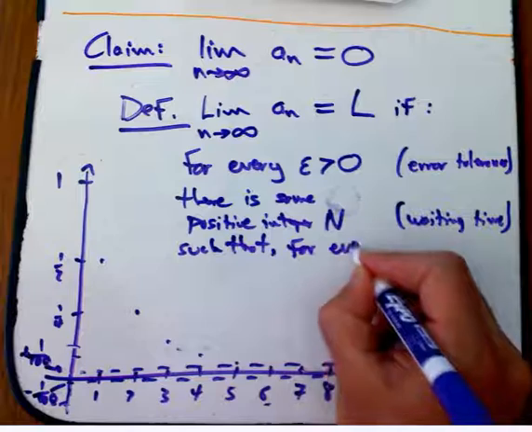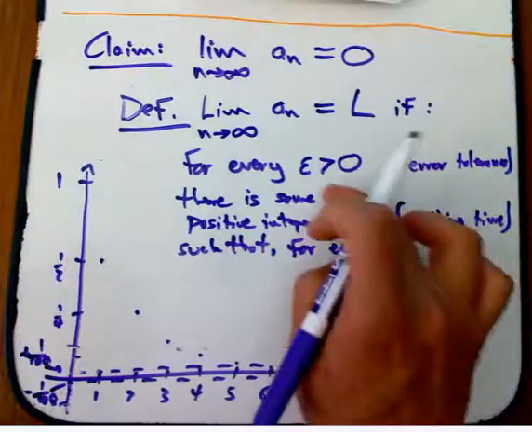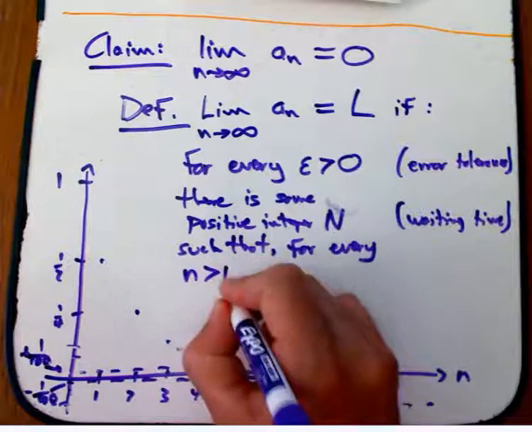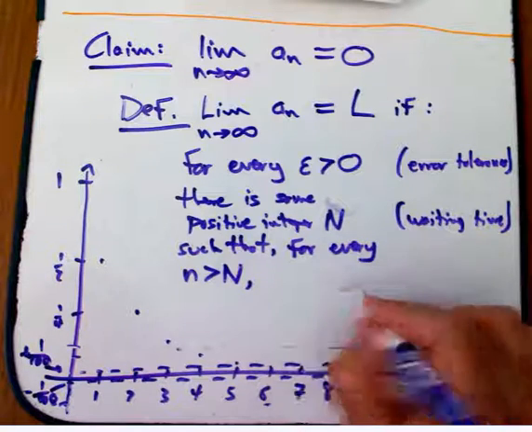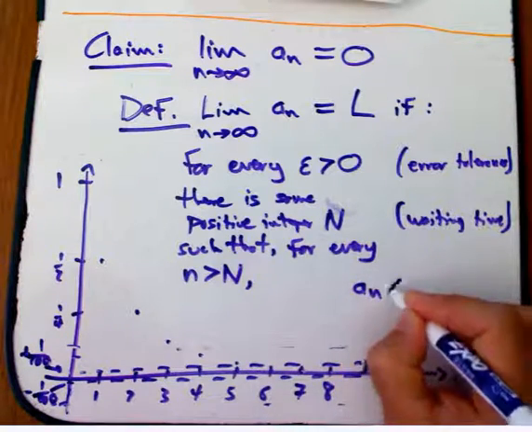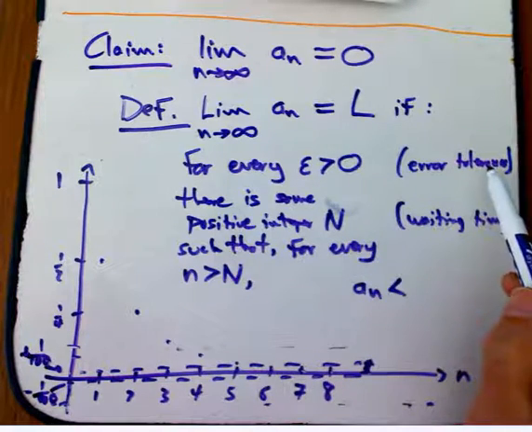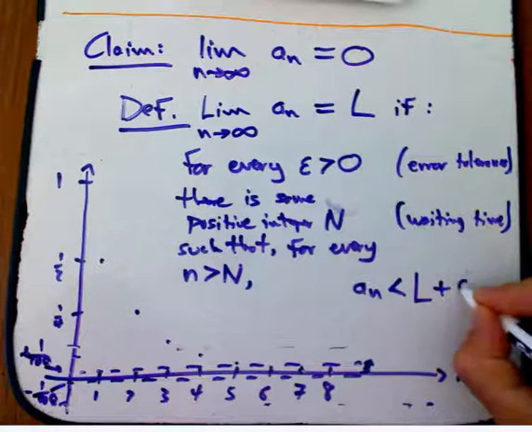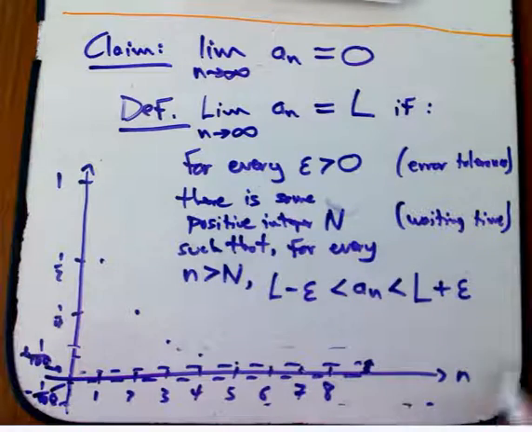You can usually tell the complexity roughly of a mathematical statement by how many quantifiers you need, and this is 3, and that's a fair amount. For every little n greater than n, we have a sub n within this person's error tolerance of the desired limit. So it's a bit less than L plus epsilon and greater than L minus epsilon.